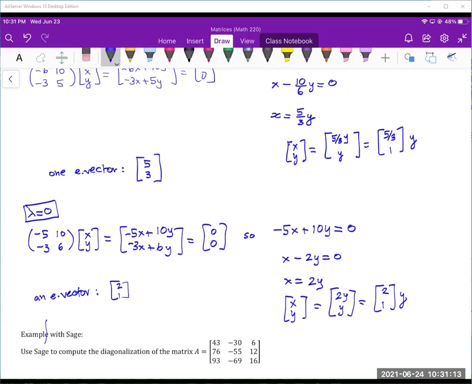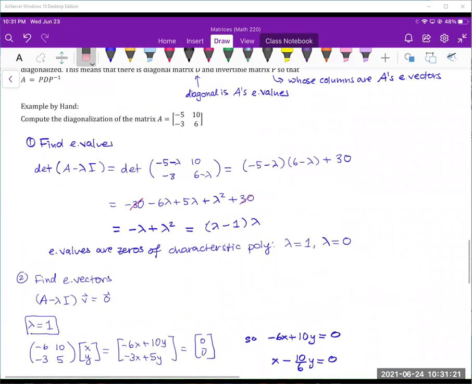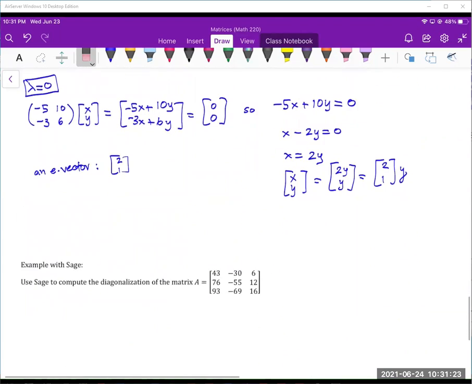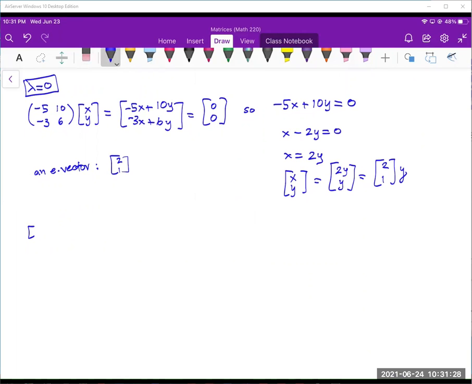All right, so we are feeling pretty well equipped. We have a set of eigenvalues and corresponding eigenvectors. Our eigenvalues give us the diagonal matrix D, which is going to have eigenvalues 1 and 0 on the diagonal.